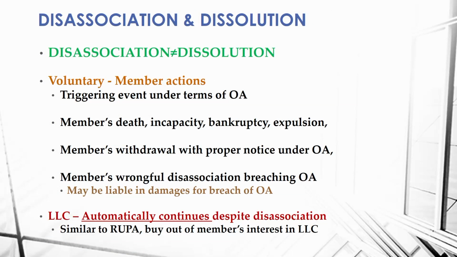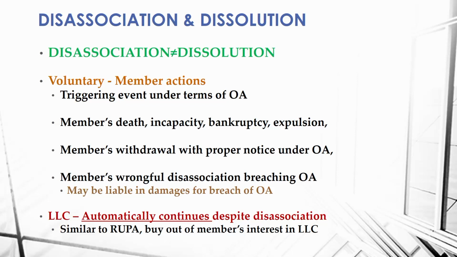All right, disassociation and dissolution. Remember, this idea, voluntary. That's by the members' action. So there's examples here, members' death or incapacity, fulfilling the goals of the operating agreement. Somebody withdraws with prior notice. But again, you could always have wrongful disassociation. So go back to the operating agreement and see what it says about the grounds for disassociation.